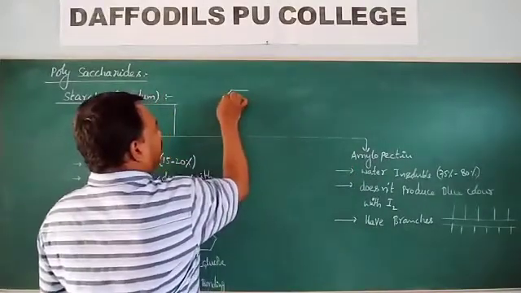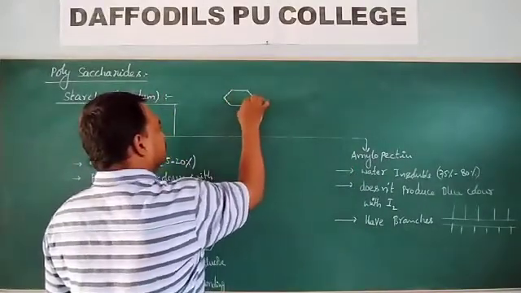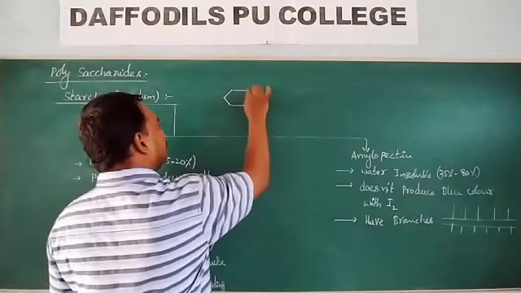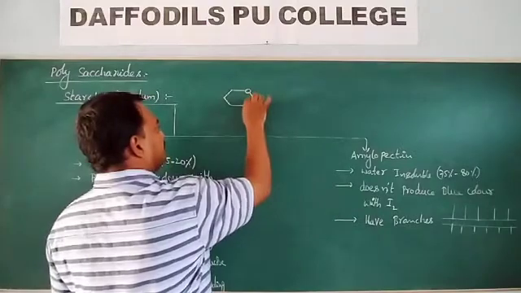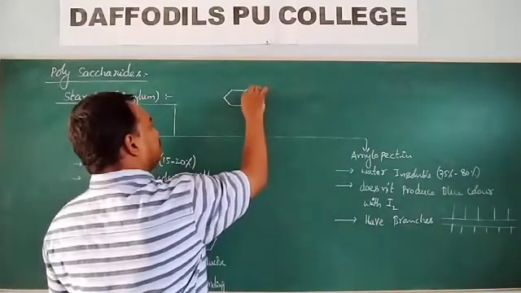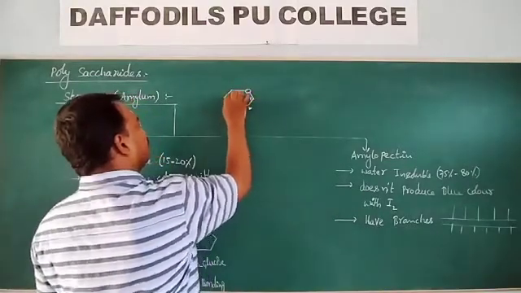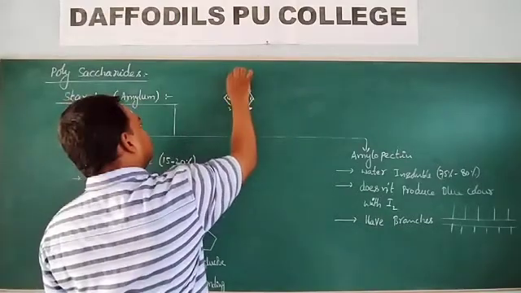I am not drawing the complete glucose structure, I am just showing the pyranose ring structure of glucose. This is the first carbon, second, third, fourth, fifth, sixth carbon.